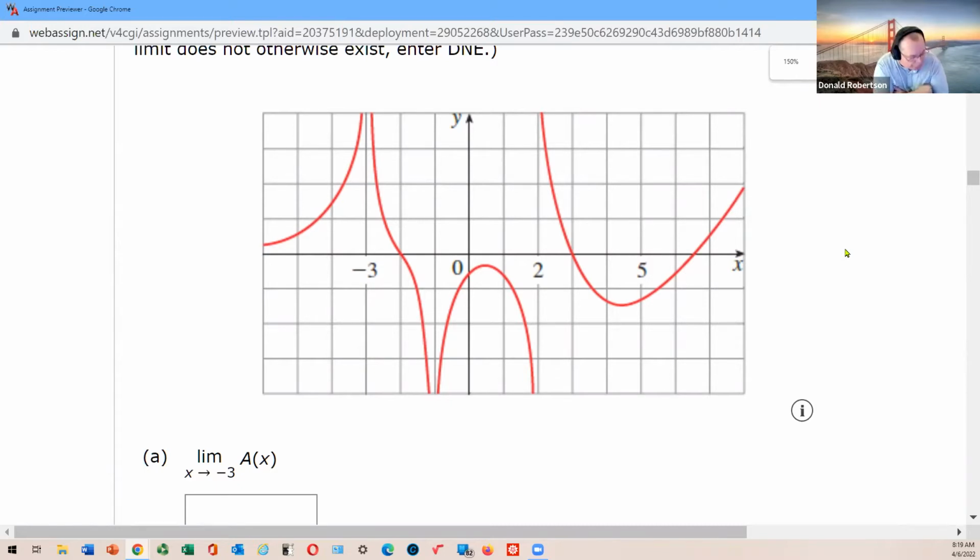Overall limit. Sorry, say again. Infinity. Yeah, agreed. What's the limit as x tends to 2? Does not exist. Correct. X tends to 2 minus.